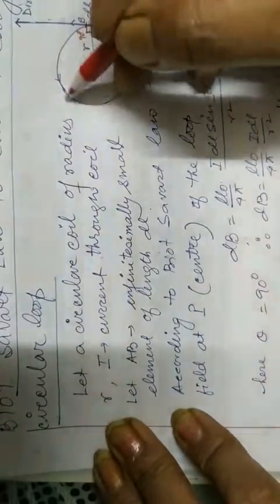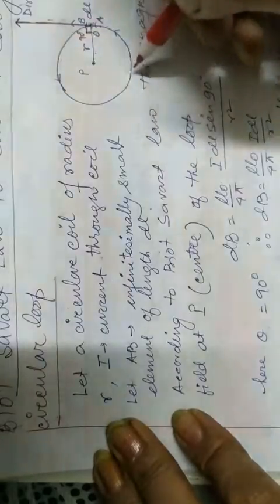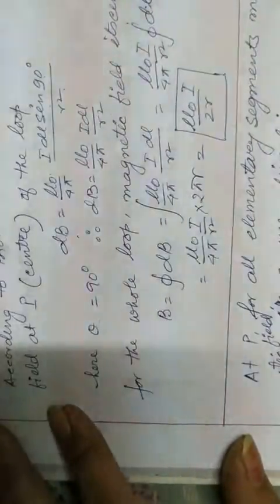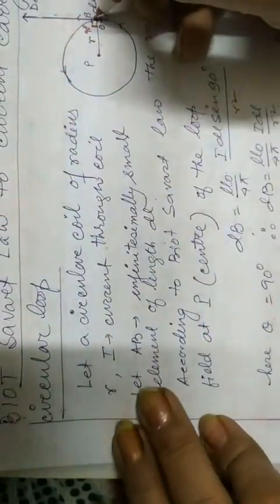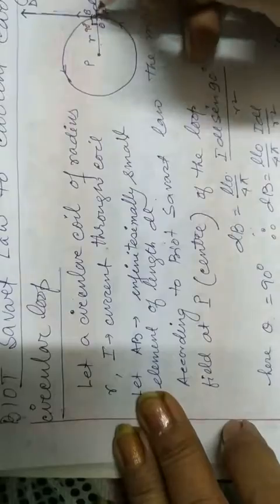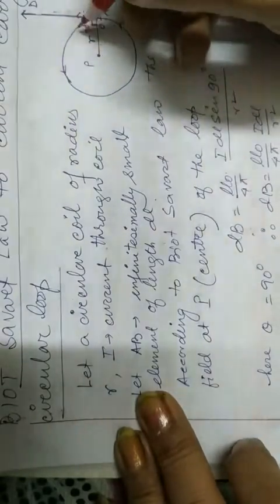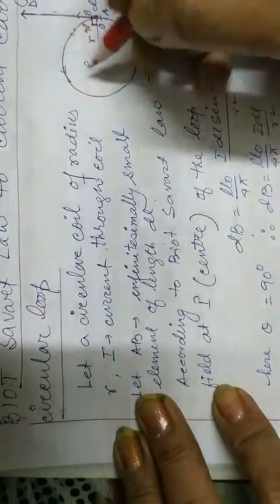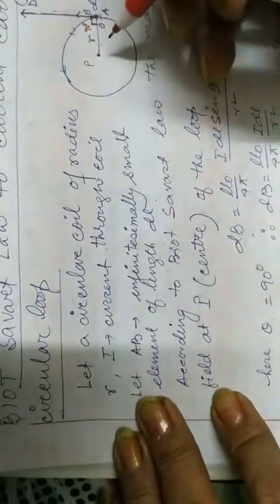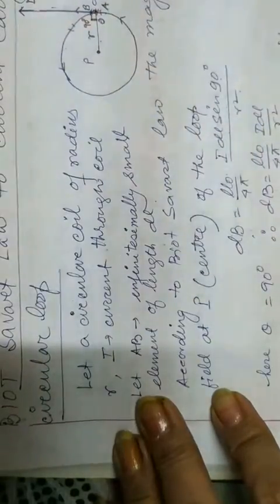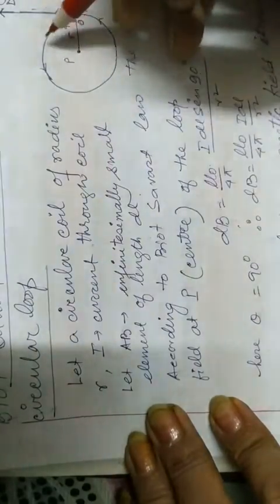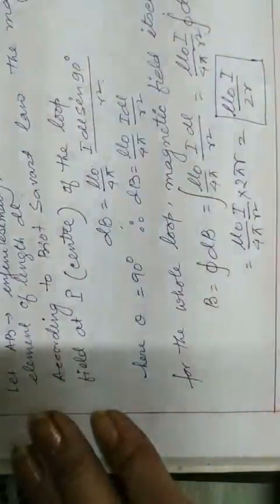Now for the total circular loop, we need to integrate. What is the direction? At point P, the magnetic field for all the small segments is in the same direction, obtained by the right hand thumb rule. Therefore they add up, so we integrate.